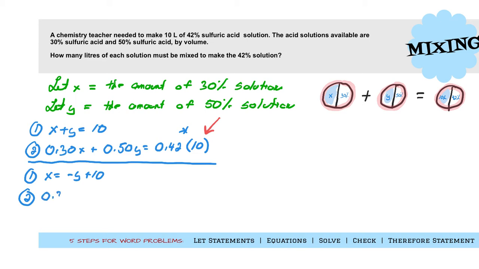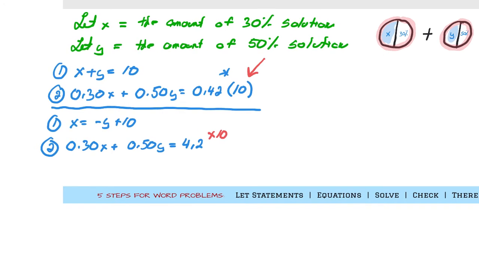I find if I take one more step here that I won't make a silly mistake. So multiplying through by 10, that will get me to 4.2. And now I'm going to realize that I need to multiply through by 10 again. And so I'm going to do that next, and that will give me 3x plus 5y equals 42.